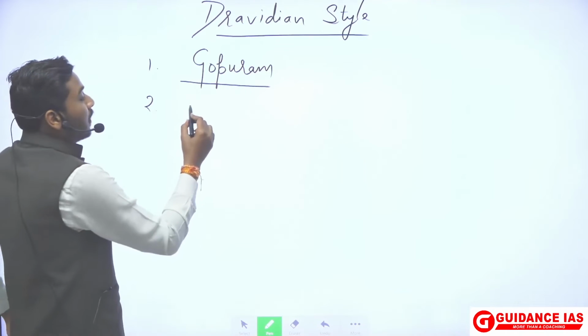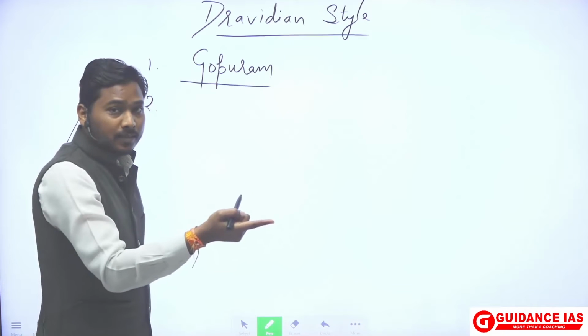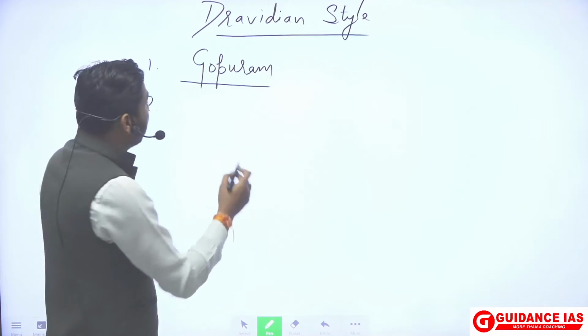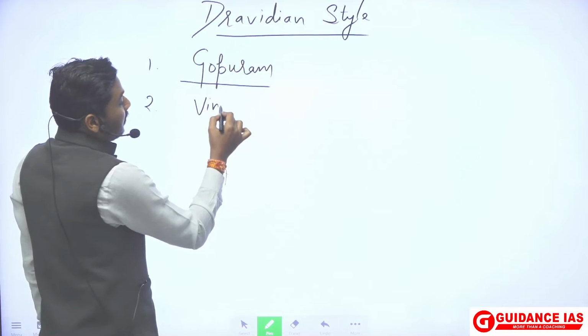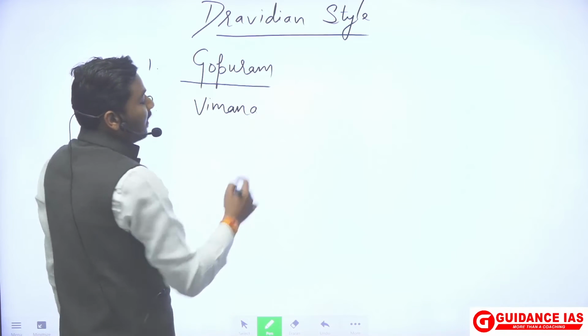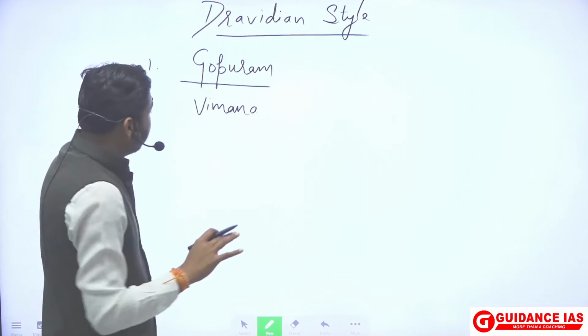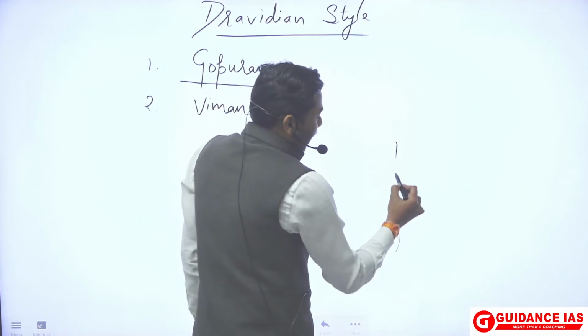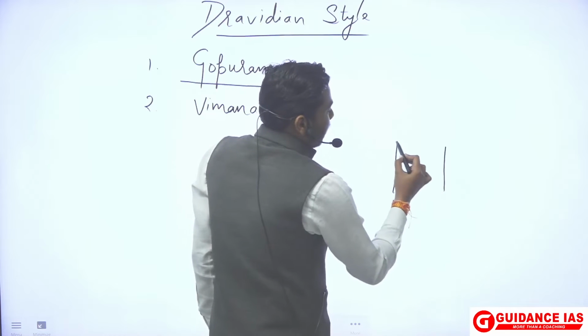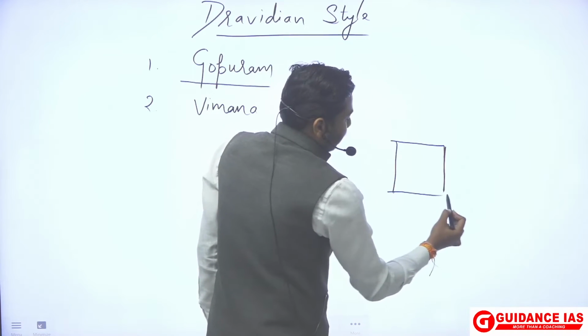Second thing, what we call Shikhar in North Indian style is called Viman in Dravidian style. Clear? How is it called Viman? Now, the Sanctum Sanctorum or Garbha Griha will remain the same.